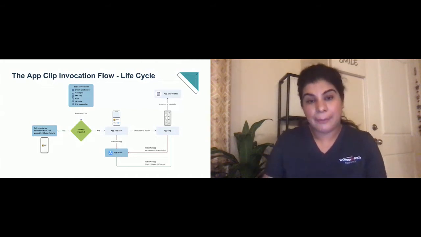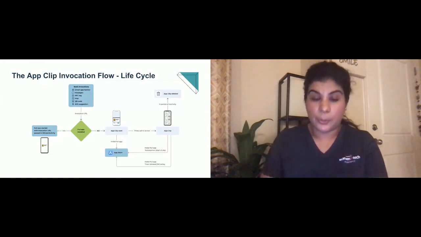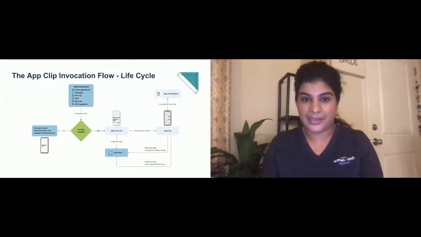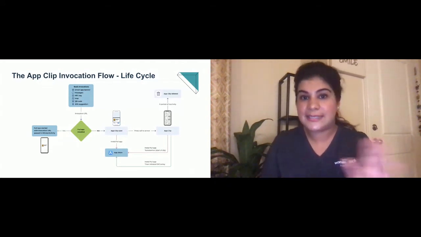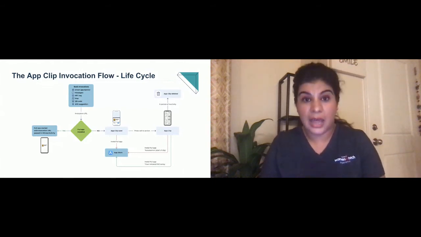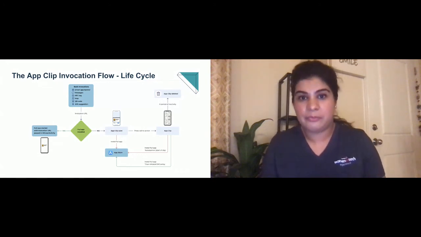Once this invocation URL is validated, the operating system downloads the app clip card and shows it on the front of your mobile device. Honestly, this is going to be a very fast and quick process because the allowed maximum size for the app clip card is not more than 10 megabytes. So you can imagine it's going to be a very fast process.